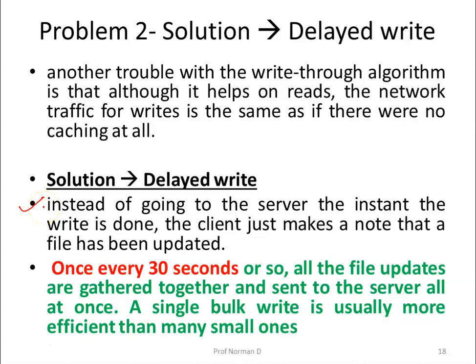Once every 30 seconds or so, all the file updates are gathered together and then sent to the server all at once. A single bulk write is usually more efficient than many small ones. So this is about delayed write.